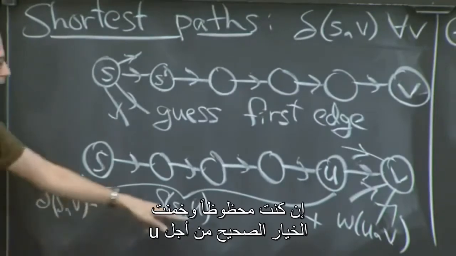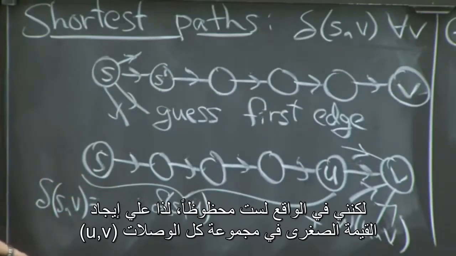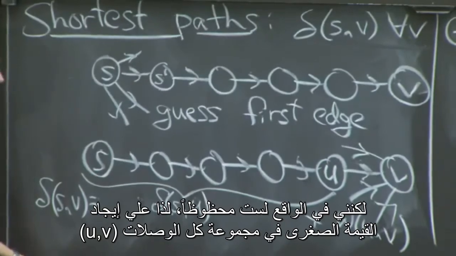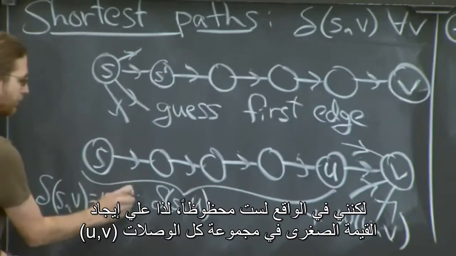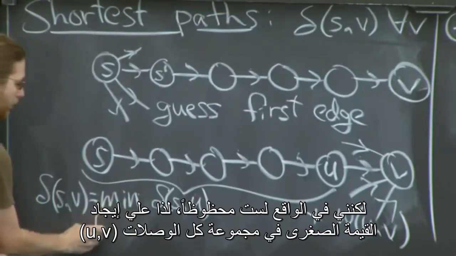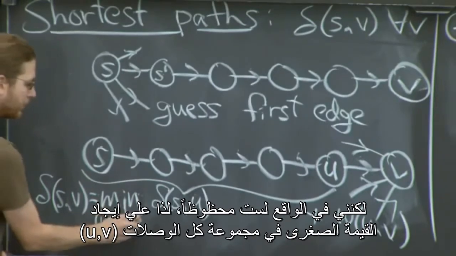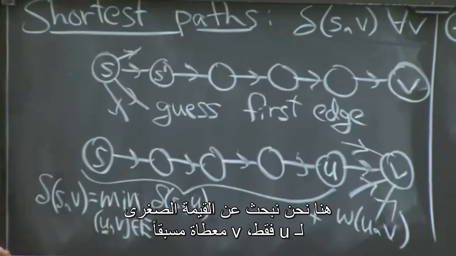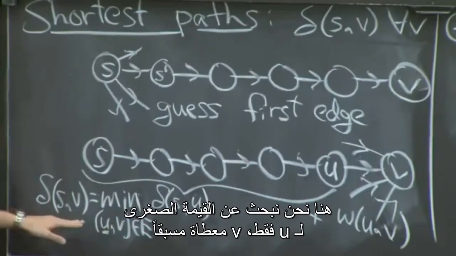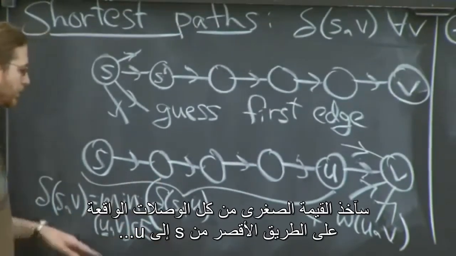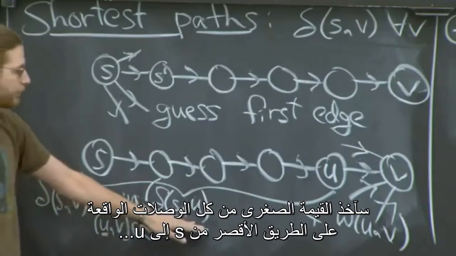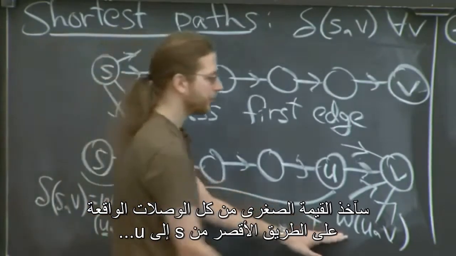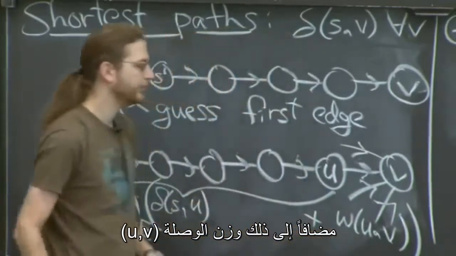Well, if I was lucky and I guessed the right choice of U. Now, in reality, I'm not lucky. So I have to minimize over all edges UV. So we're minimizing over the choice of U. V is already given here. So I take the minimum over all edges of the shortest path from S to U plus the weight of the edge UV.